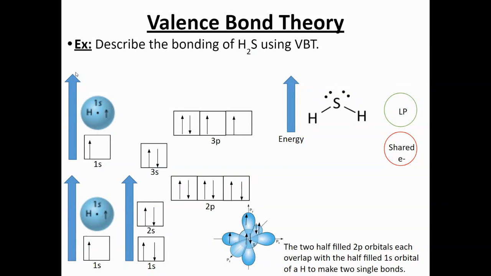And so what I want you to notice is that we're going to explain bonding as it happens using valence bond theory. So regions of overlap, we have a connection between hydrogen and sulfur. So this hydrogen has a single electron here, and the sulfur has a single electron here. So we know for sure that this is probably going to overlap with this. And then we also have another single electron here, which will likely overlap with this hydrogen over here, which has a single electron, to make this bond here.